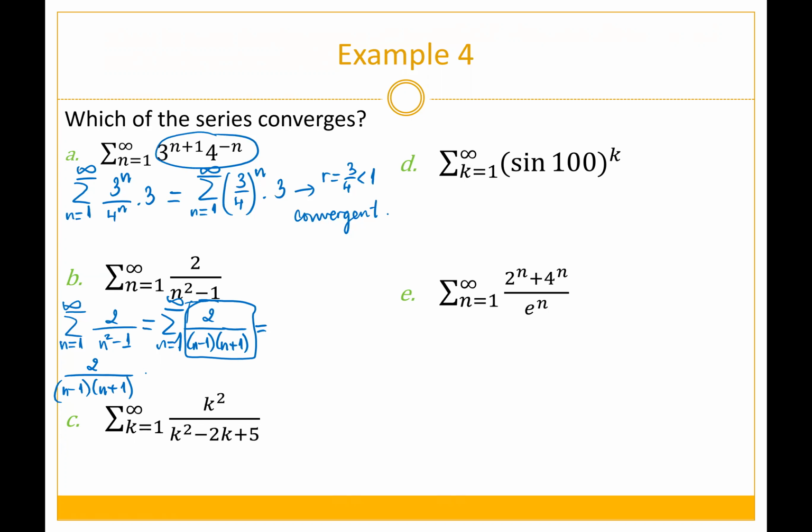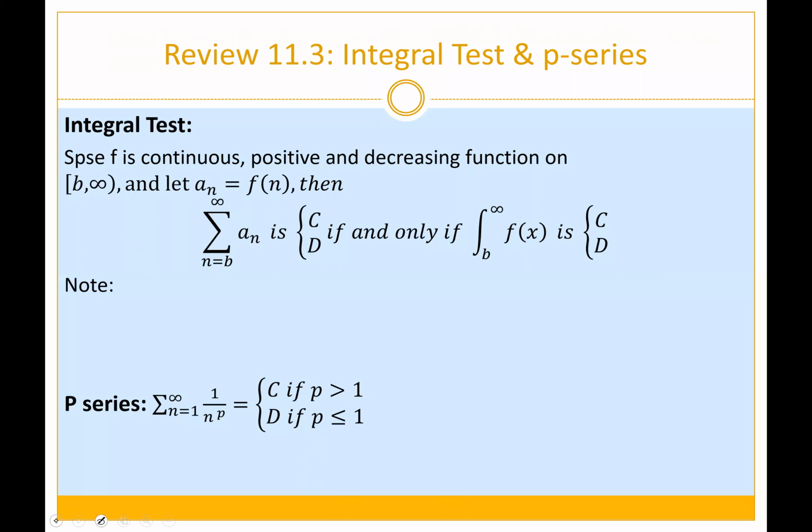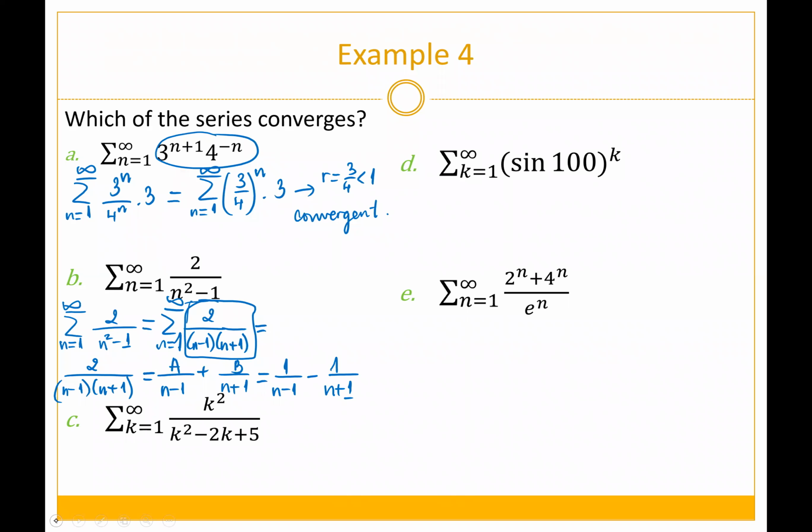If you use partial fractions for this, it's going to be A over that plus B over that, which is going to give us 1 over n minus 1 plus minus 1 over n plus 1. That's if you do the algebra. I don't want to do the algebra here, but it's pretty self-explanatory. And that's how we come up with a telescoping series.